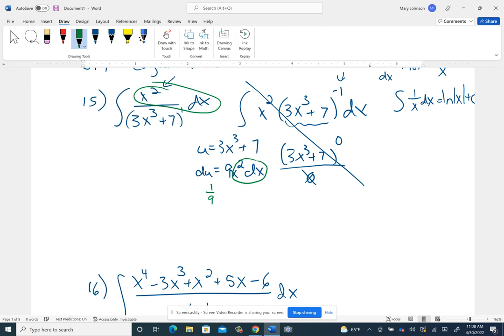So I have 1/9 du equaling the x squared dx. So I'm going to be able to rewrite this problem so that I wind up having the integral, and I'm going to write it the way I like it, which is with 1 over the u sitting there. The x squared dx is really the 1/9 du, but that 1/9 is a constant, so I can just move that out of the way.